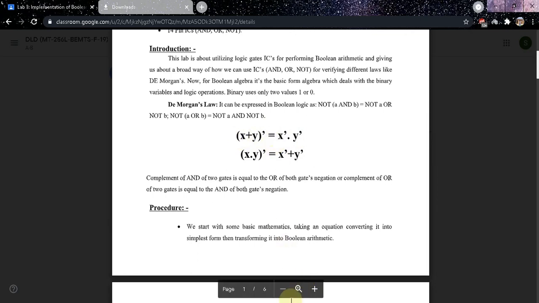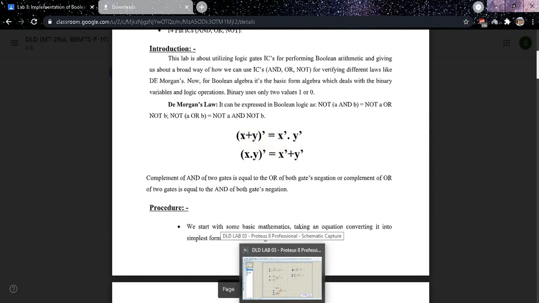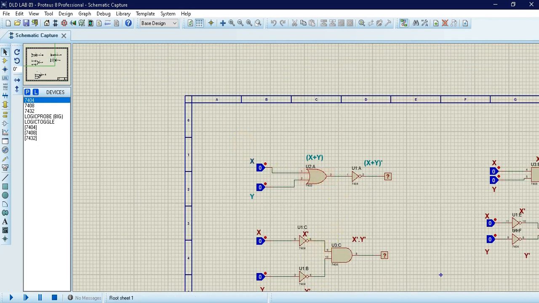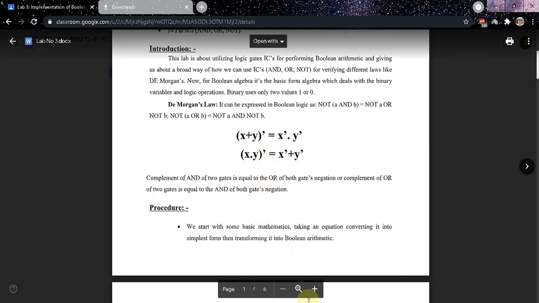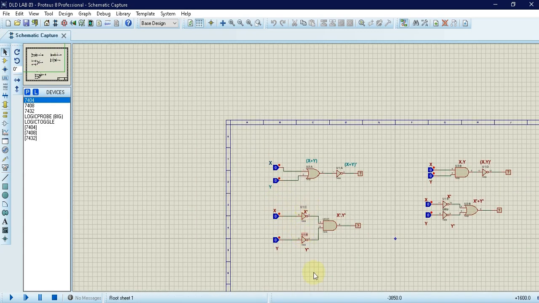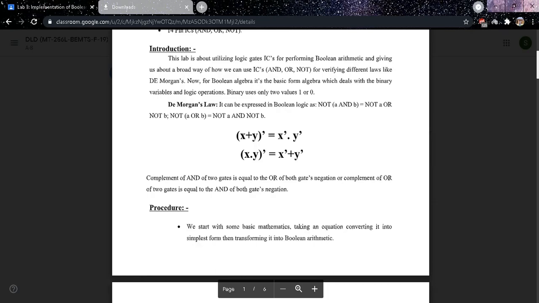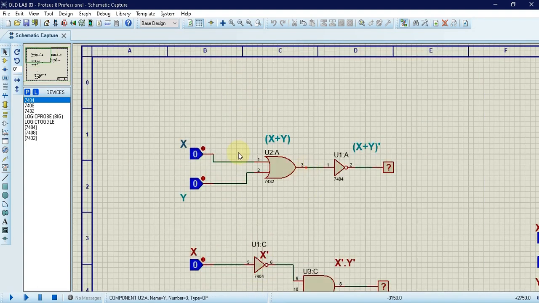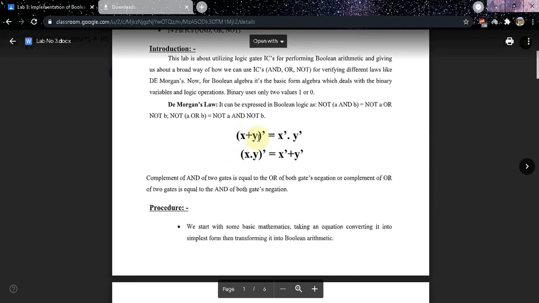So let's see how we can implement this on our software named Proteus. Now we shall see that this is the left hand side of the equation, which was x or y whole complement.